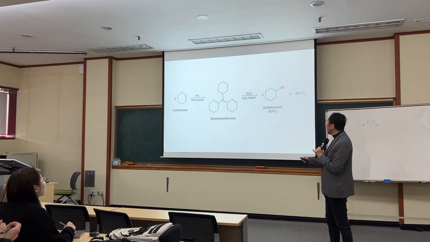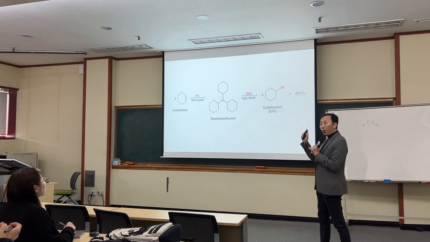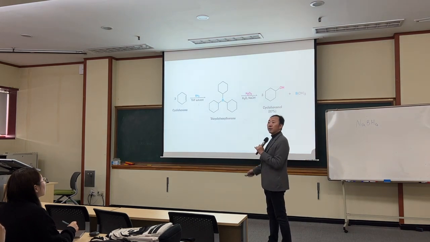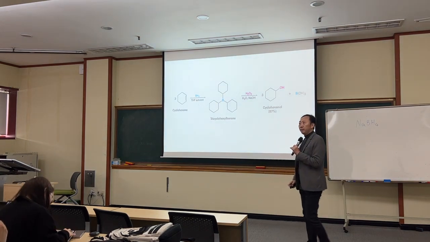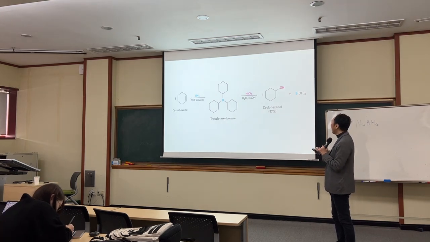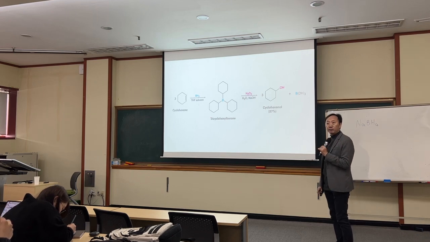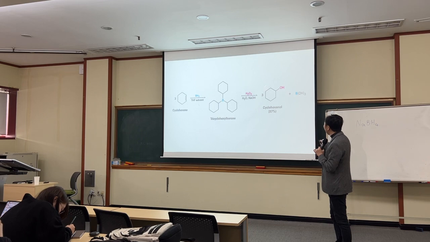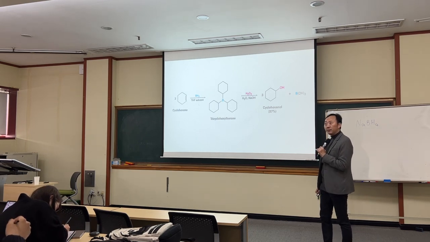So that means of this reagent, you need to use only 1/3. It can react with 3 of these molecules. Okay? Once it is formed, now by adding hydrogen peroxide, we break it, and then at all of the positions, OH is added. And the product is the hydrated product.